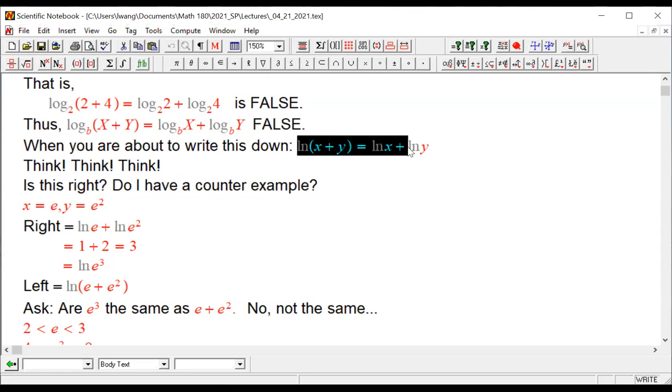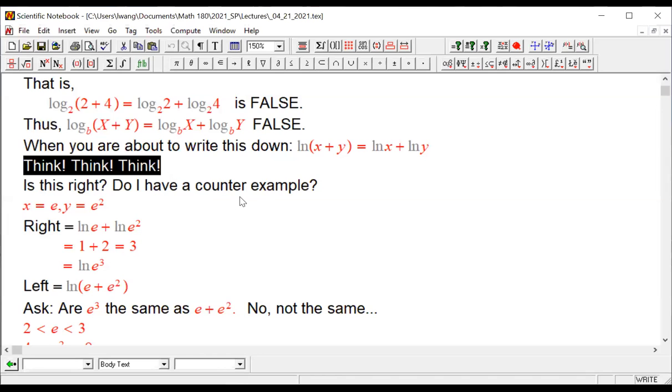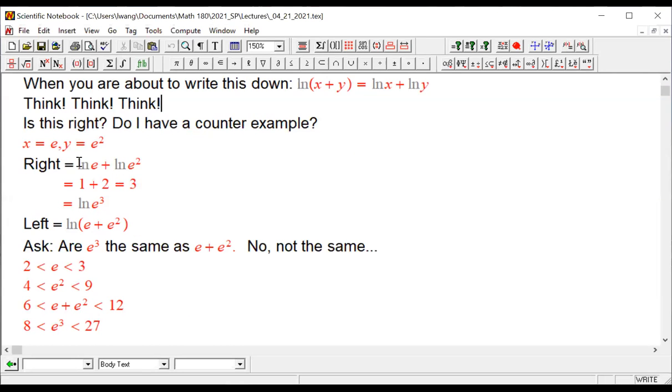So this is false. In the event that you are drawn by your intuition and say, this seems to be true, well, think. You should not go blank, not after you have taken pre-calculus. Say, let me try to find a counterexample.